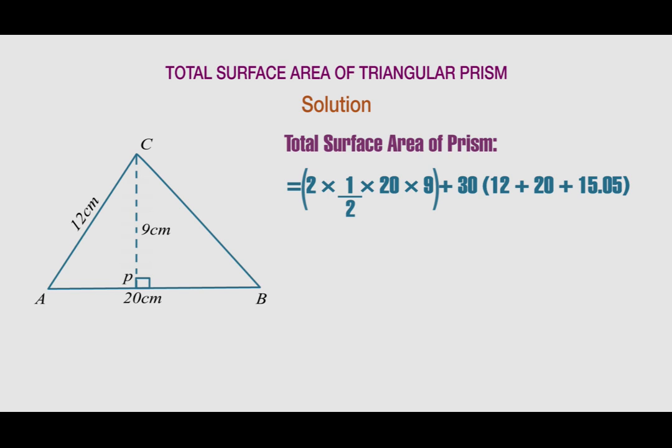If you simplify using our calculators, we are going to have 180 plus 1411.5. Using our calculators again, we have the surface area to be 1591.5 centimeters squared.